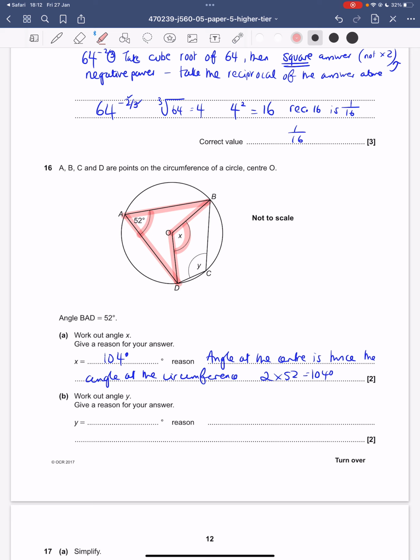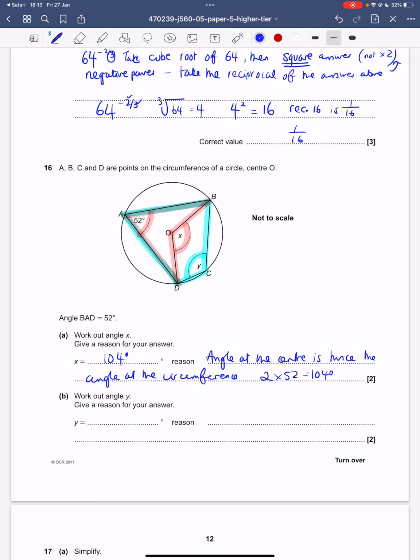When we're looking at y, we've got a cyclic quadrilateral. So it's a quadrilateral drawn inside the circle with the 4 points on the circumference. And what you actually get is that the angle y plus the opposite angle, in this case the angle at C and the angle at A, they add up to 180 when you've got a cyclic quadrilateral.